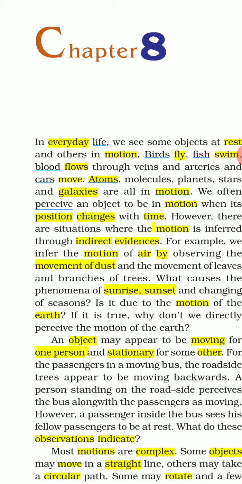An object may appear to be moving for one person and at rest for some other person. Same body, same object appears as moving to one and at rest to the other.